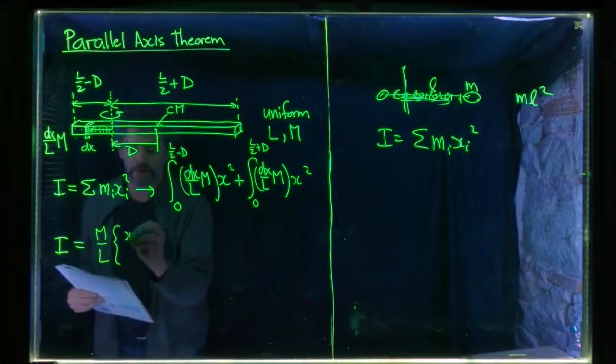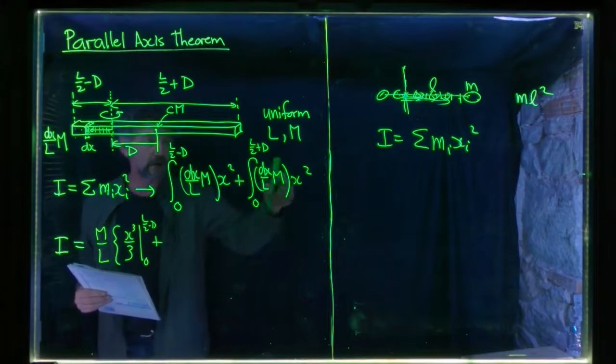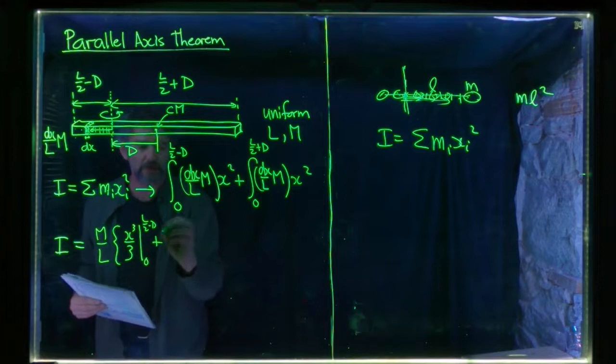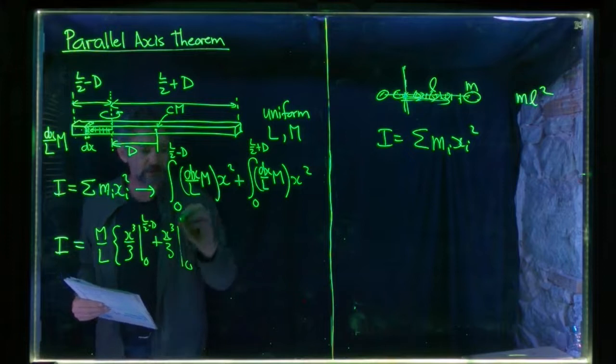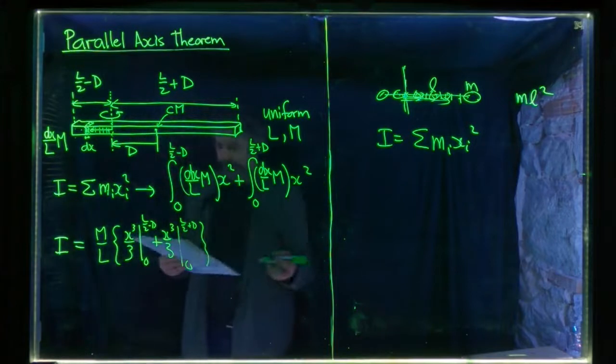So it's x cubed divided by 3, evaluated between the two limits, 0 and L over 2 minus d, plus the same thing, m over L times the integral of x squared, which is x cubed divided by 3, between different limits now, between 0 and L over 2 plus d. Okay? So that's how you would do that integral.